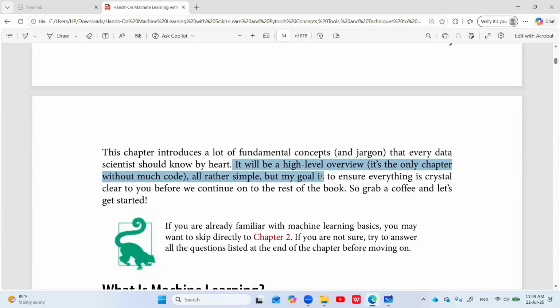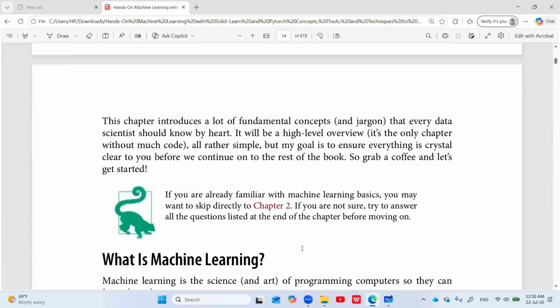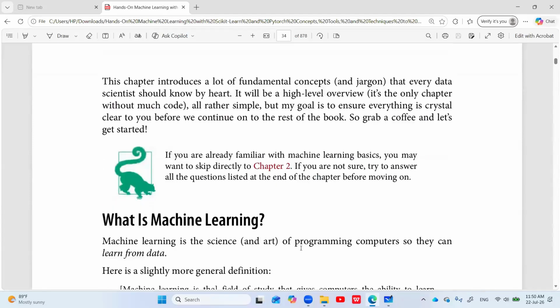It's the only chapter without much code, so you don't have to code in this chapter. It's a little bit conceptual, but don't feel bored. We will finish this chapter and move to the next one, but you want to understand all these fundamental things before moving to chapter 2.